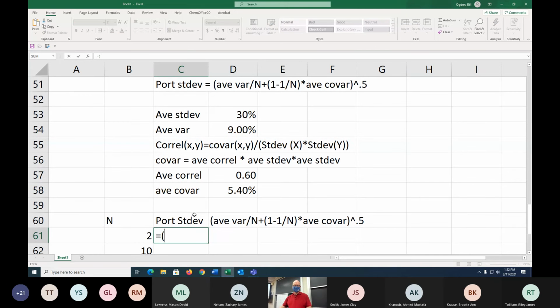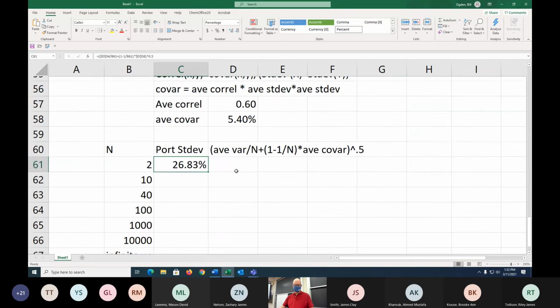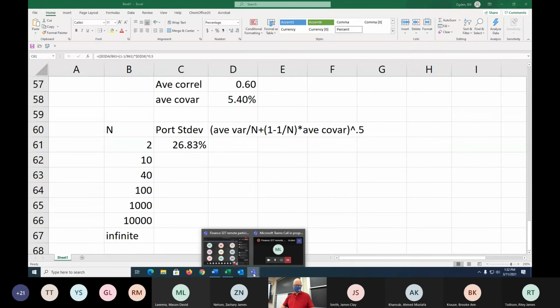We have that. Do you notice that will not change throughout, will it? So we lock it. Divided by n. Now, n will be changing, won't it? Plus 1 minus 1 divided by n times the average covariance. That would be right here, and you want to lock that. Take the square root of the whole thing. All right, let's see how we're doing here.